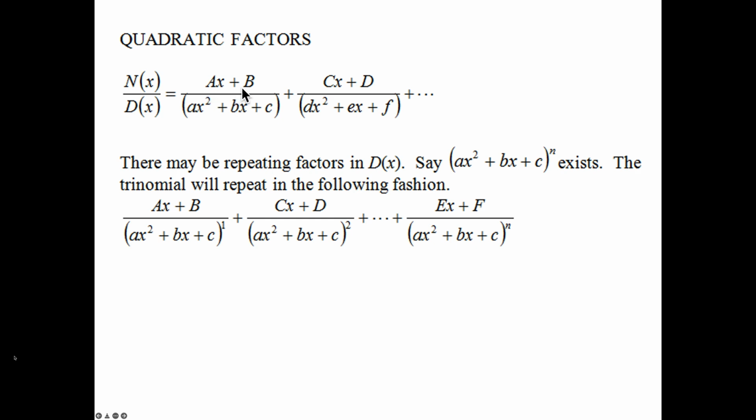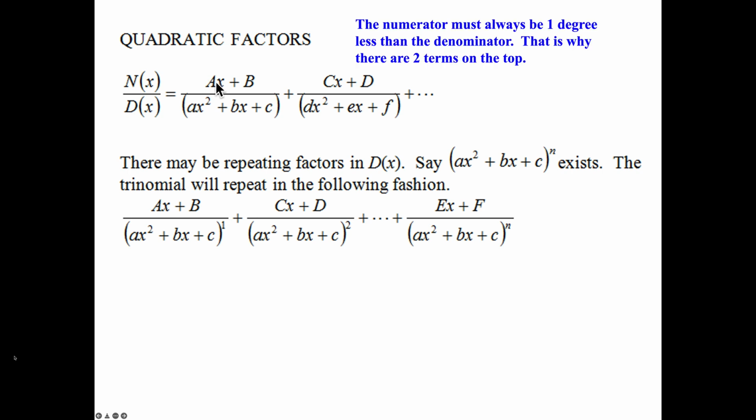Then notice that the top numerator, again, has to be 1 degree smaller. So since this is x squared, 1 degree smaller means this is x to the first. So you're going to have a capital A as a coefficient in front of the x, plus a capital B for the constant of this linear numerator. And for every quadratic you have, you're going to need 2 terms on the top.